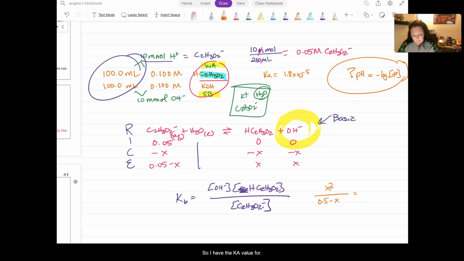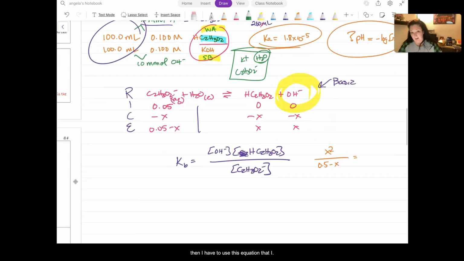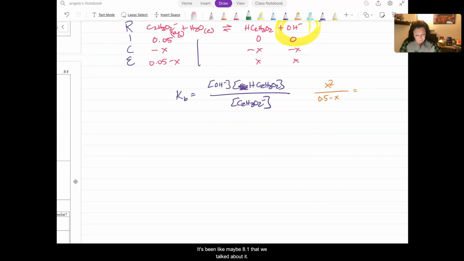So I have the Ka value, it's right here, not for acetate, for the acetic acid. If I want to know the Kb value for its conjugate, then I have to use this equation that we talked about in maybe 8.1. Remember this equation?